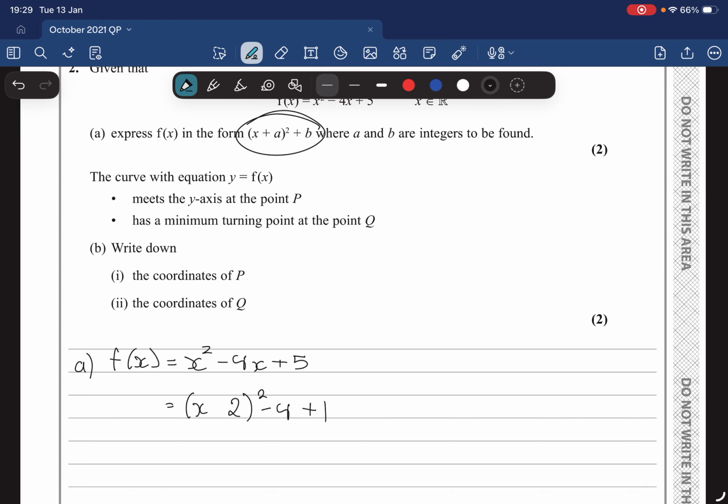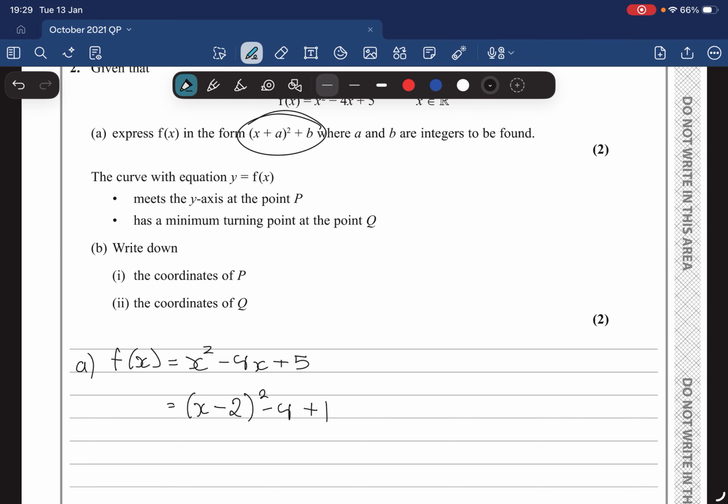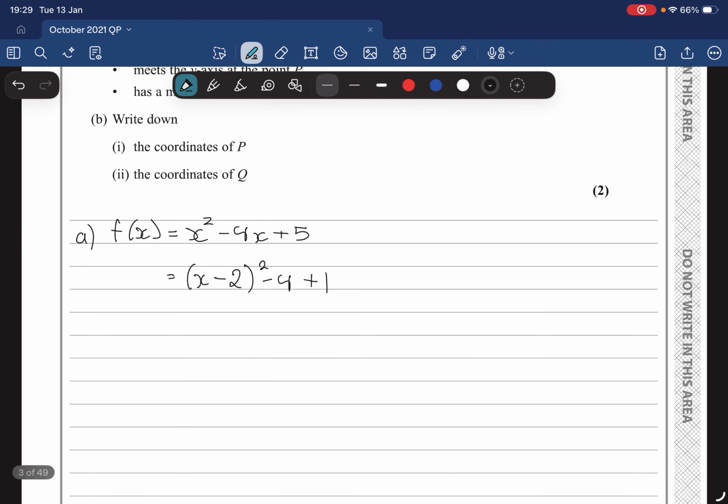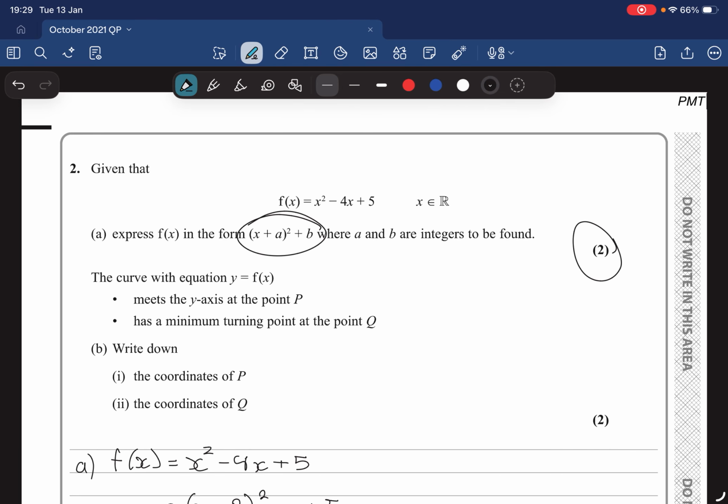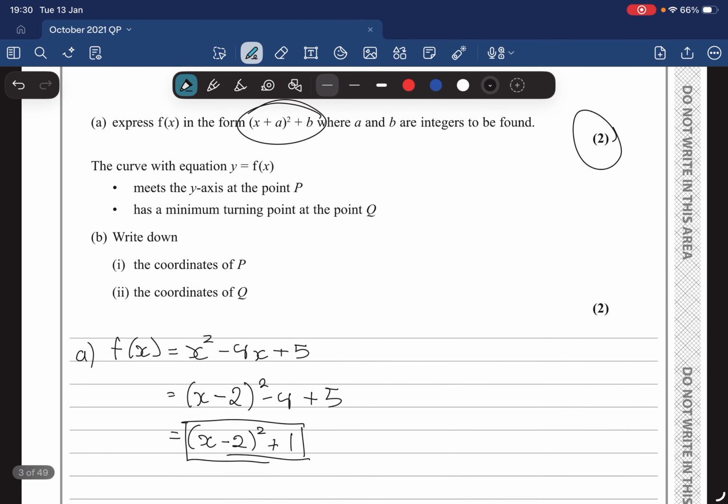Then we tidy it up a little bit: x minus 2 squared, and 5 minus 4 gives us plus 1, and that is our answer, guys. Easy 2 marks, bro. Come on, easy ones.